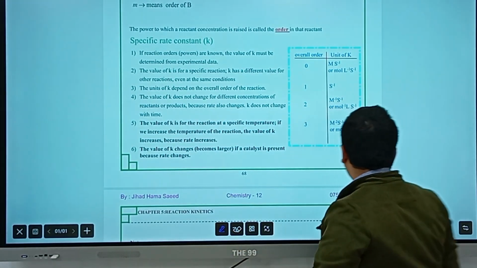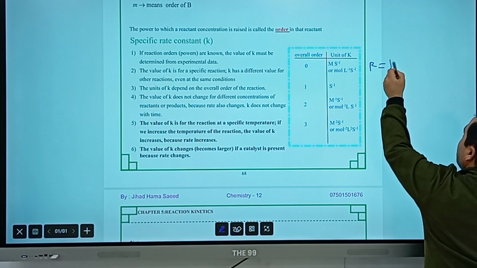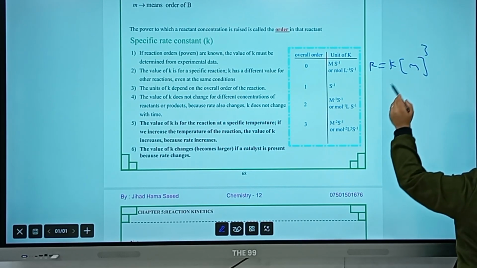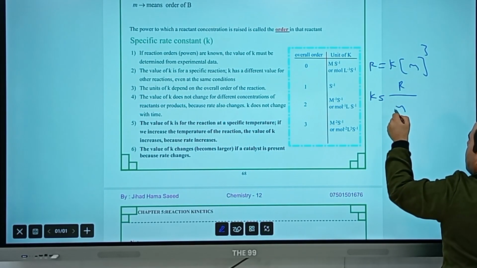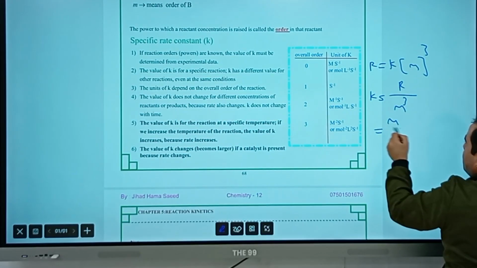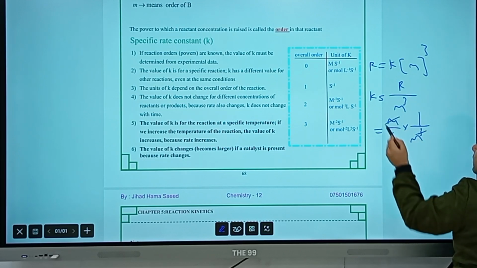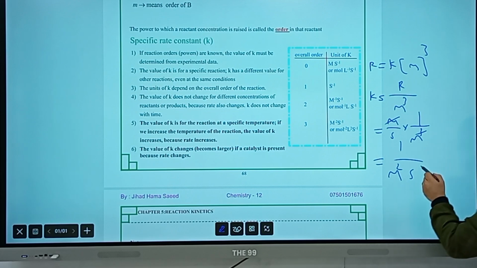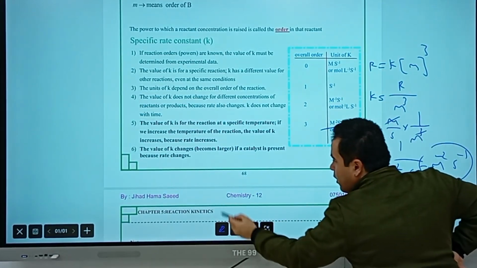And for the third one, guys, let me practice for you. R is equal to K concentration to the power of 3, cube of reactant. So K is equal to R over M cube, molarity per second, 1 over molarity cube, 1 cancels, 1 over M square s, and you'll get M minus 2 s minus 1.